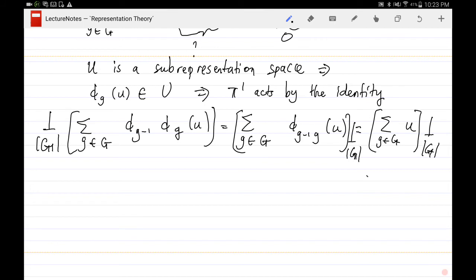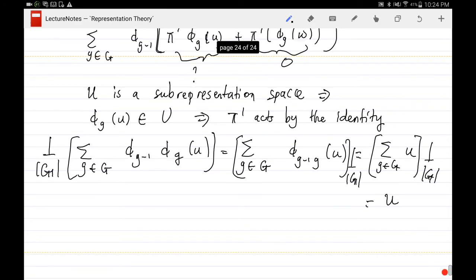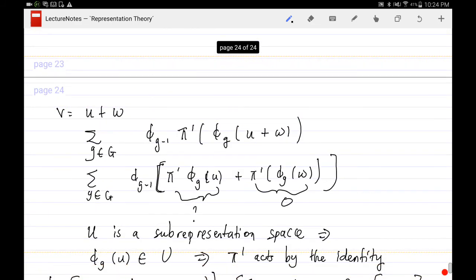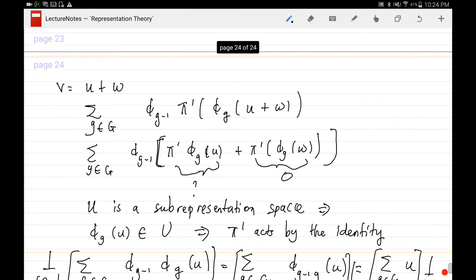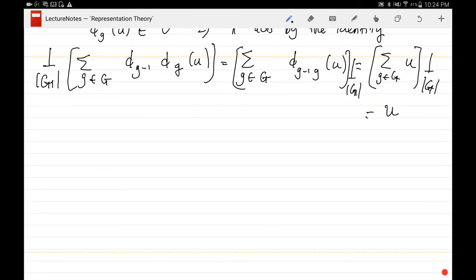And so in particular, this is just equal to u. In fact, what we defined earlier is just a projection onto the sub-representation space, big U.